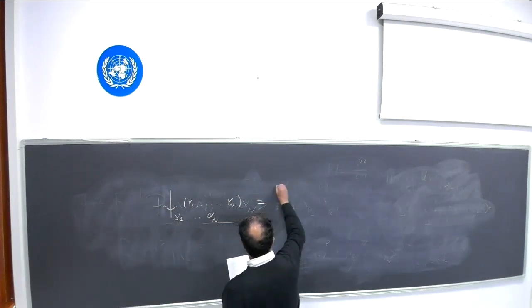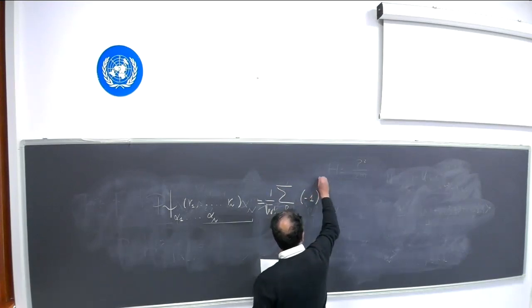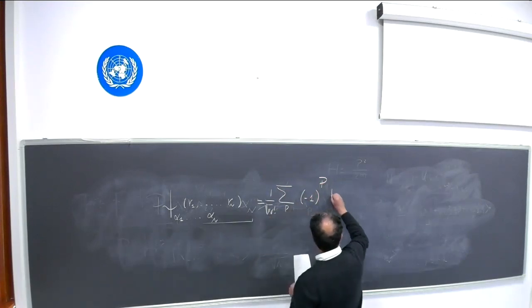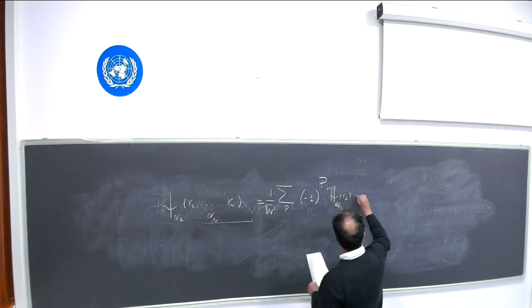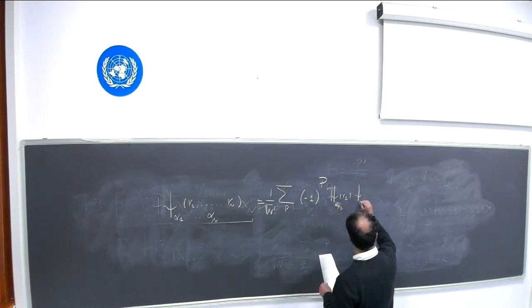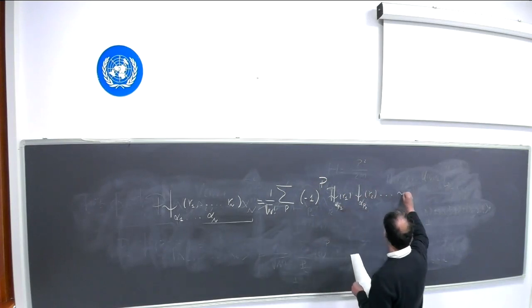So I just rewrite it as 1 over square root of n factorial, sum over p, then minus 1 to the power p, and then you have psi of alpha p1 of r1, psi of alpha p2 of r2, and so on, up to alpha pn.